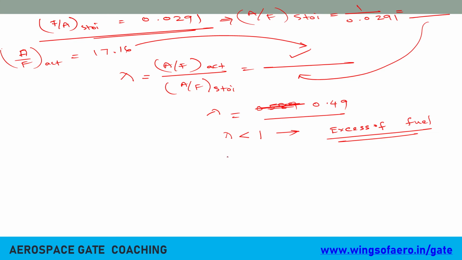If lambda is less than 1, the equivalence ratio is going to be greater than 1, but the statement is going to be the same. So you have to be very careful what they are asking you. Is it clear? Yes, ma'am.